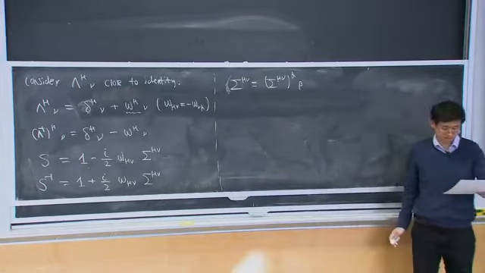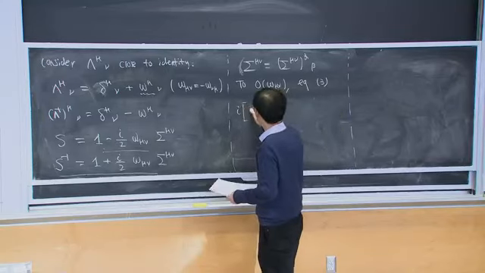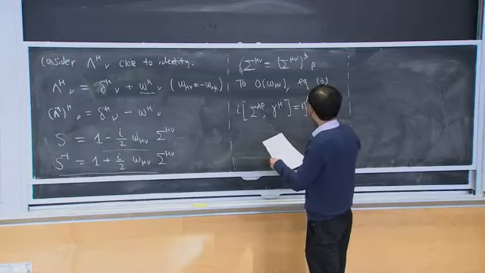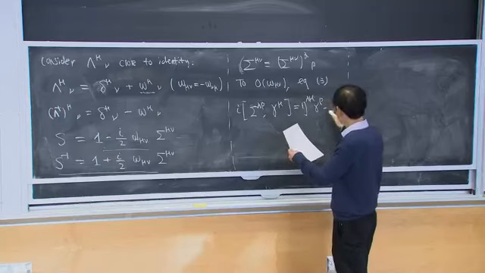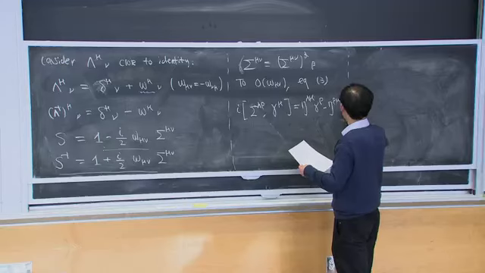This is just a couple of lines of algebra, so I urge you to do it yourself. It is given by i times the commutator of sigma lambda rho with gamma mu equals eta lambda mu gamma rho minus eta rho mu gamma lambda.